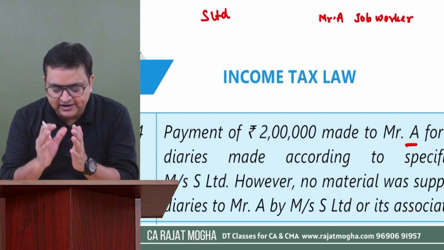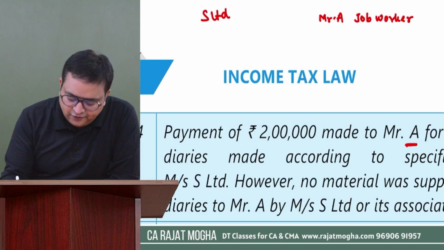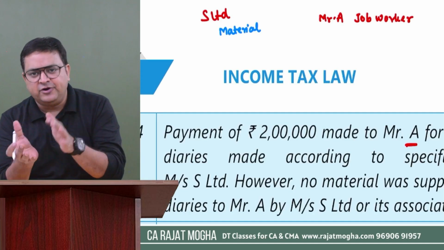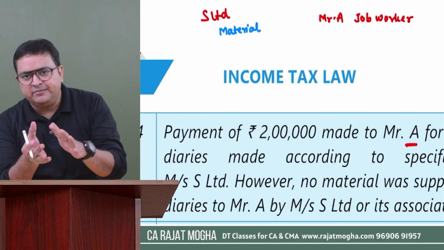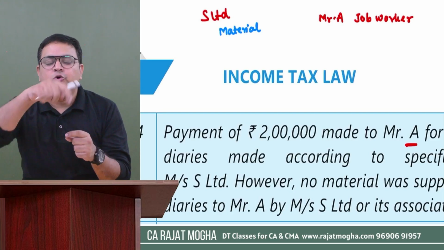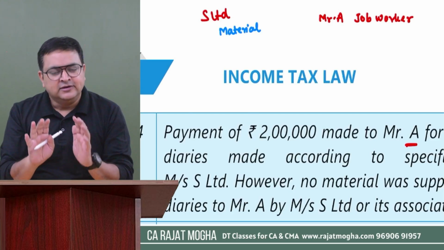Let's say S Limited is supplying the raw material for diaries, papers or other material, or plain diaries, and they would like to get a logo printed on their diary. Correct? So this is a job work.